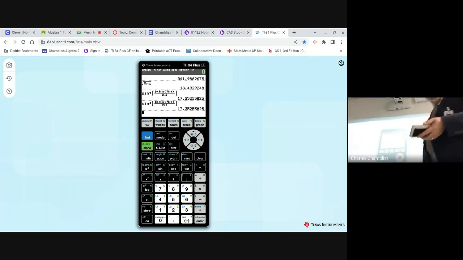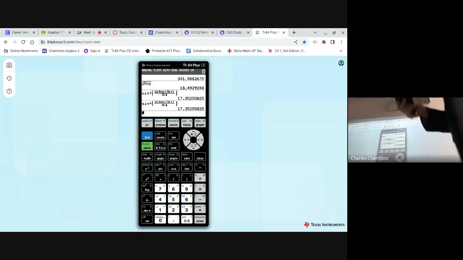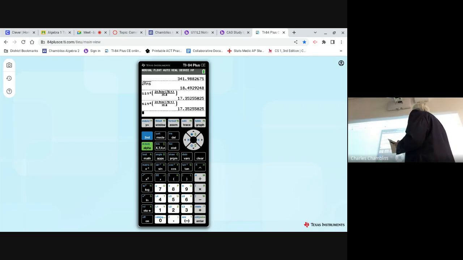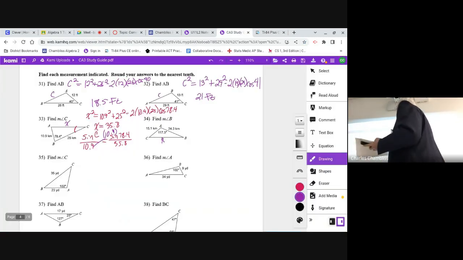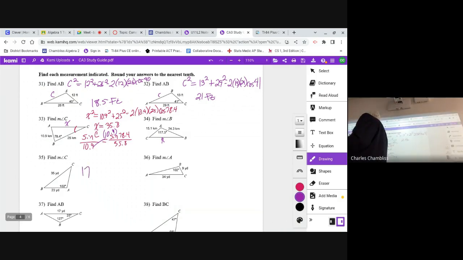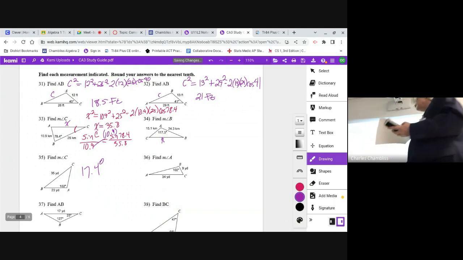And I get 17.4 degrees. And that's how it works.